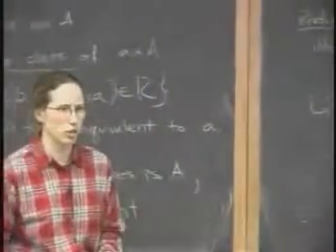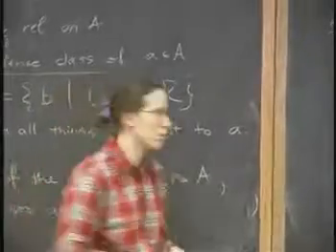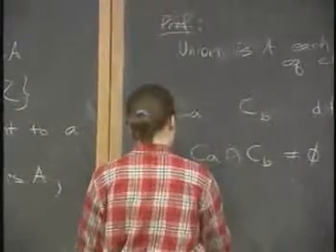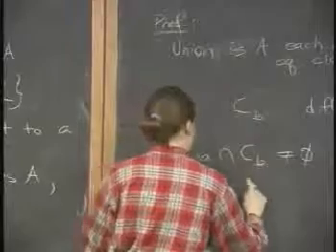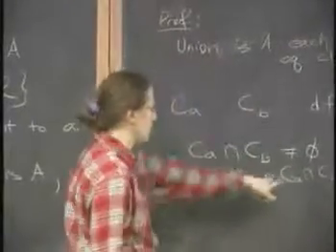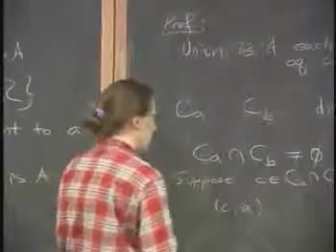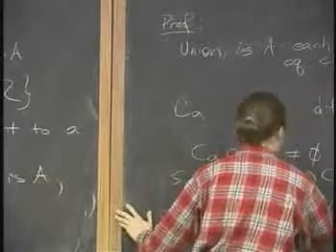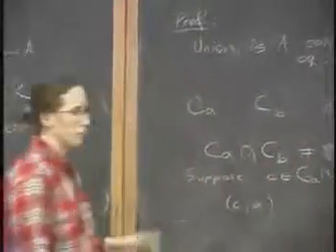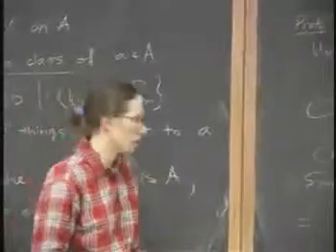I want them to be disjoint, meaning they have no elements in common. Suppose they do have an element in common. Suppose c is in both of them. Well, it's in the first one if (c, a) is in the relation, and it's in the second one if (c, b) is in the relation. So (c, a) and (c, b) are both in the relation.